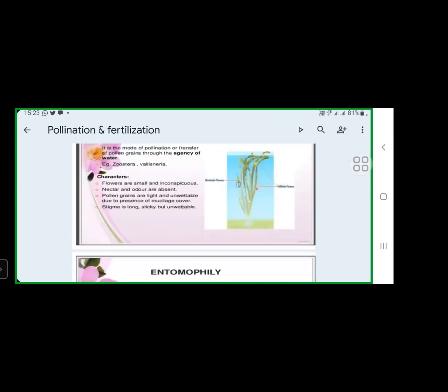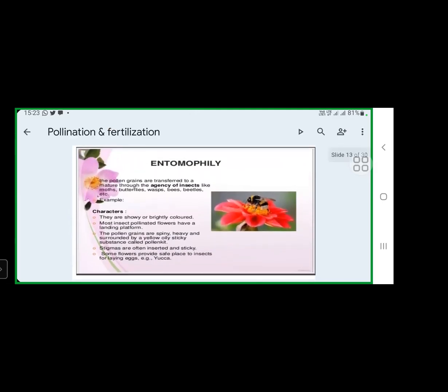That is hydrophily. And similarly, entomophily. In entomophily, the pollen grains are transferred through the agency of insects like moths, butterflies, wasps, bees, and beetles. They show the characteristics of entomophilic nature: they are showy or brightly colored.